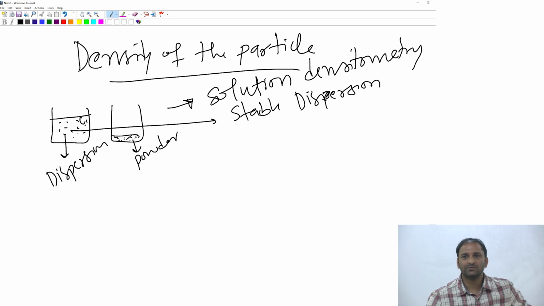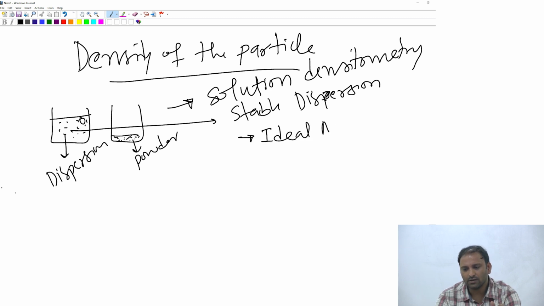What I mean by stable dispersion is that if I take samples from different locations within the container, they should have the same number of particles, and they should exist as individual particles. If I am able to prepare a stable dispersion, what I can do is use something called an ideal mixing rule.